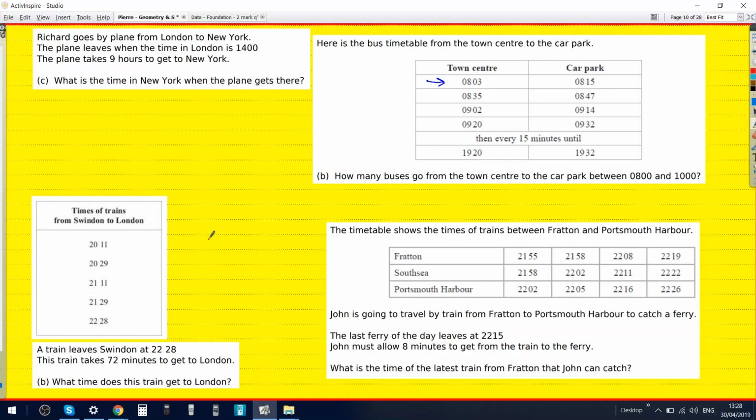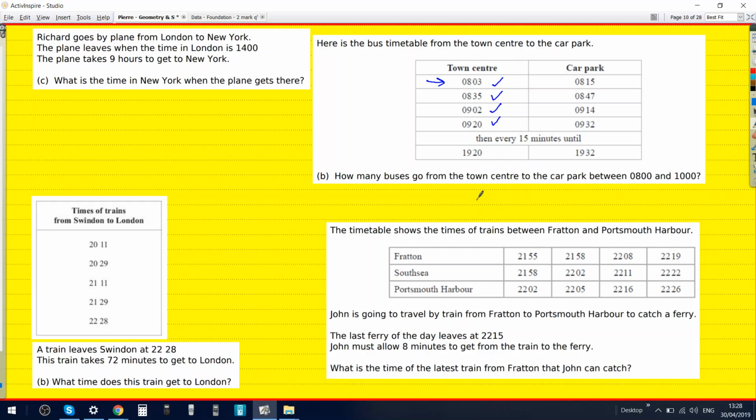So let's say 8:03 is between 8 and 10. So what other buses leave the town centre before 10? Before 10. Oh, so 8:35, 9:02, 9:20. Okay, and then every 15 minutes.